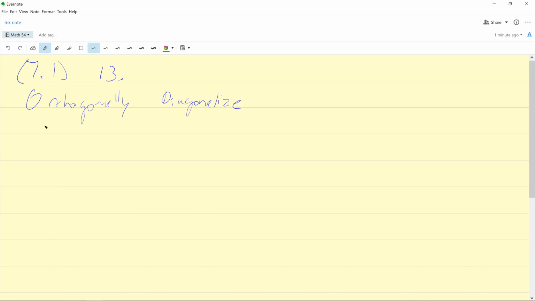The third matrix is going to be [[3, 1], [1, 3]]. And we know that we're going to be able to find some orthogonal basis of eigenvectors because this is symmetric. So how are we actually going to find those? Take a few minutes to give an attempt at that, and we'll go over it.